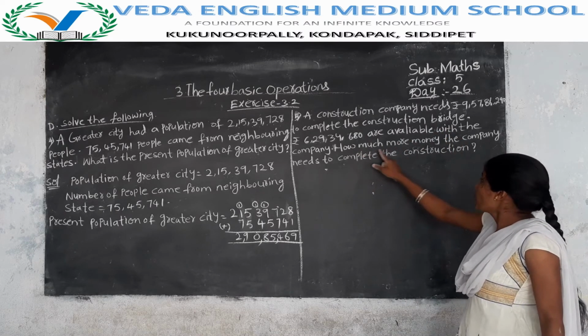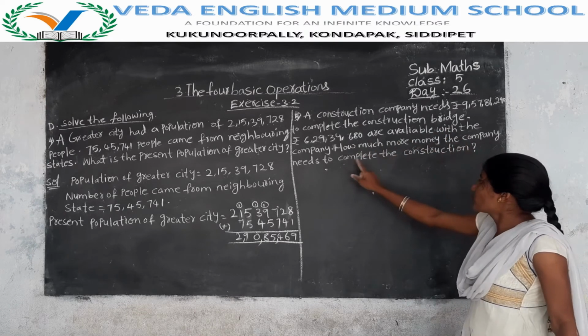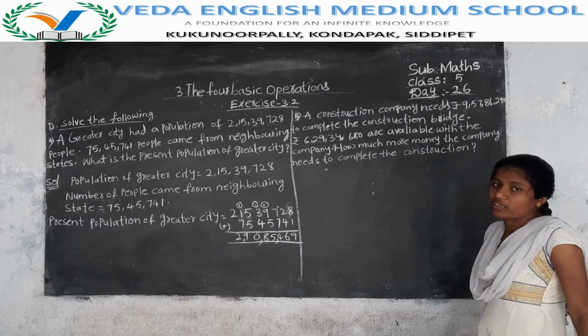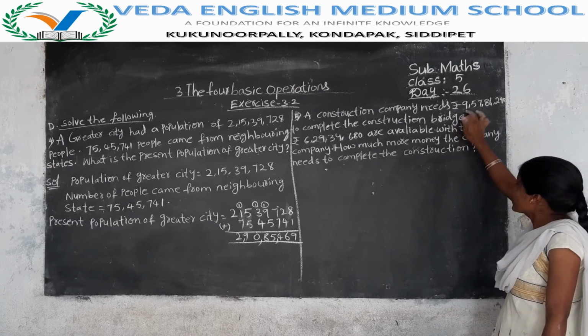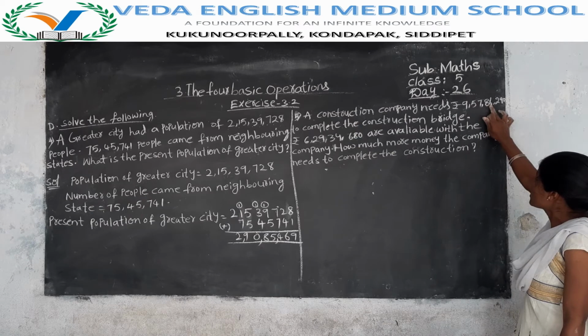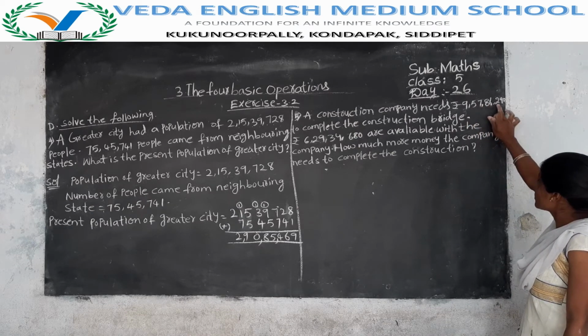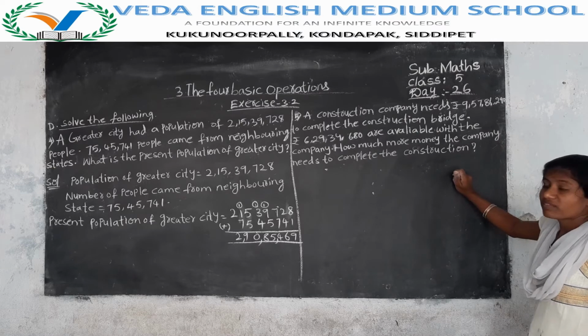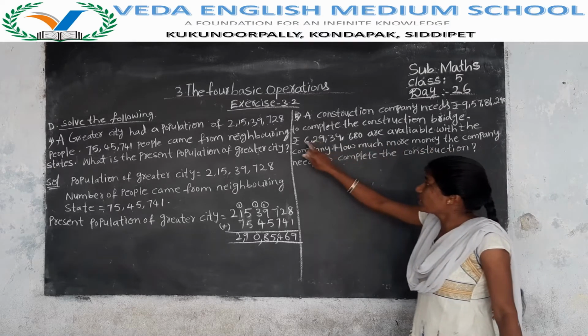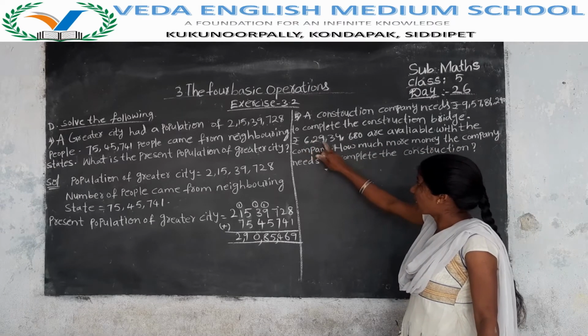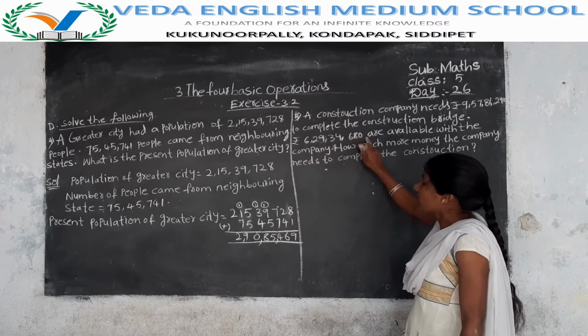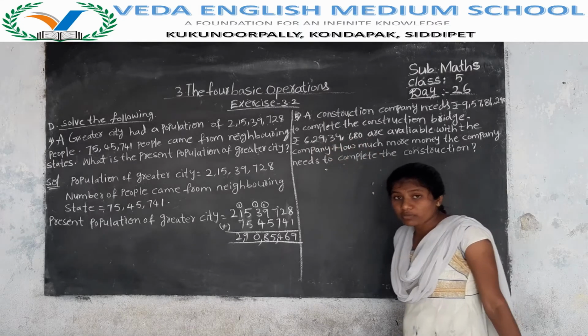Then how much more money does the company need to complete the construction? Actually they need 9,57,86,290 rupees, but they have only 6 crore 29 lakh 34,680. So how much more money do they need?